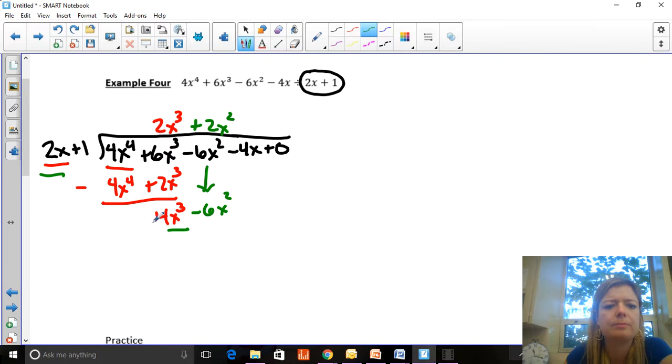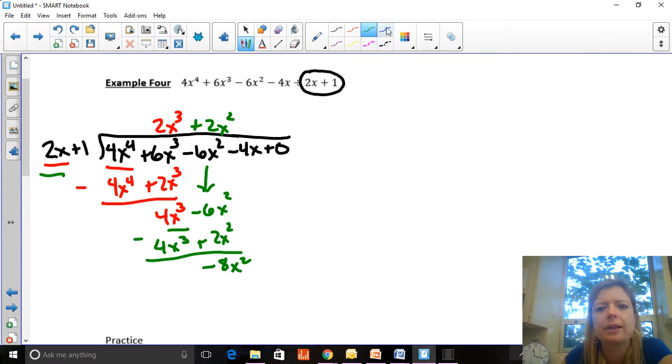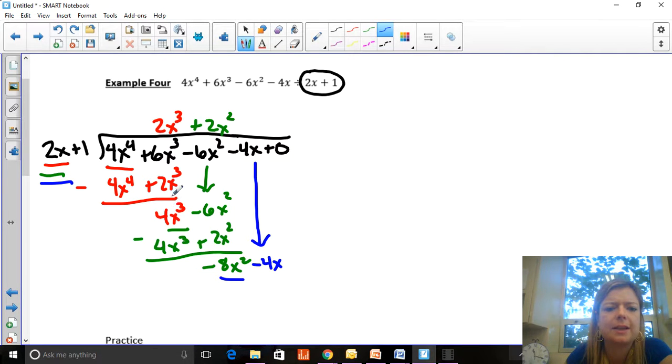So I multiply down. I get 4x cubed plus 2x squared. I subtract, and I get minus 8x squared. Okay, now I bring down my minus 4x. So the first one divided by the first one is negative 4x.